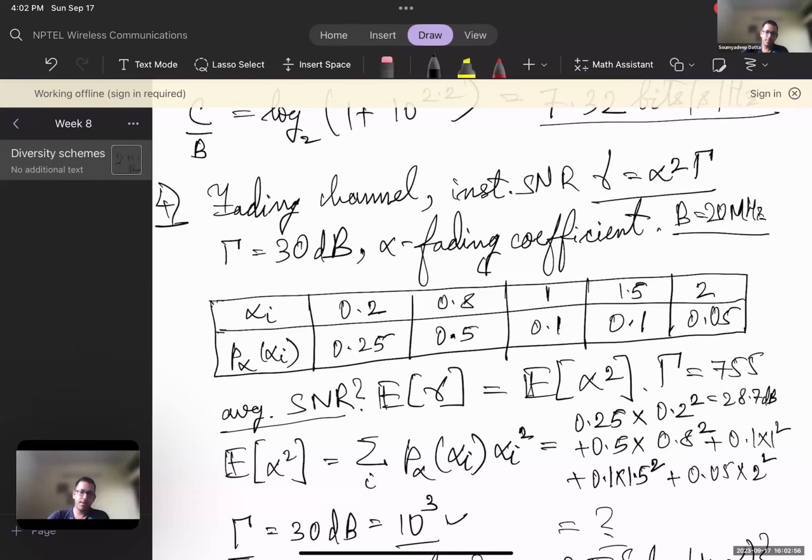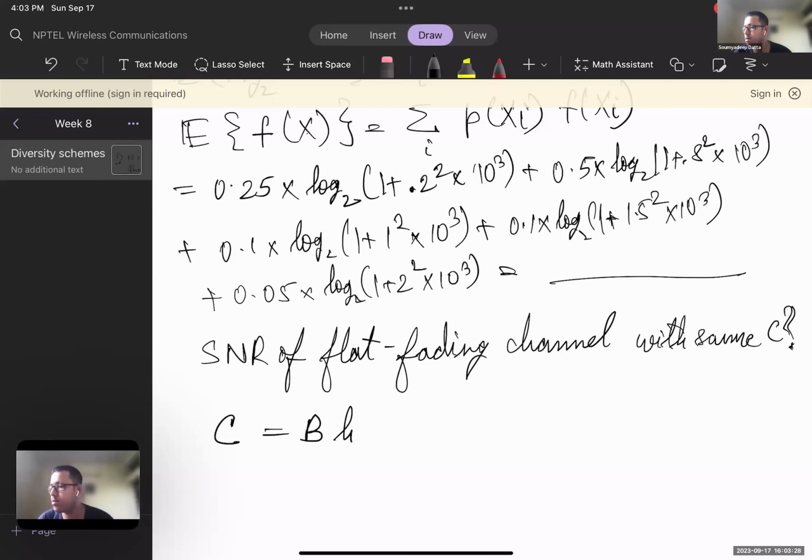So essentially, with the same value of capacity C, I write C equal to bandwidth times log of 1 plus gamma naught, some effective SNR. Here you know C, which you've calculated over here, or you at least know C by B.